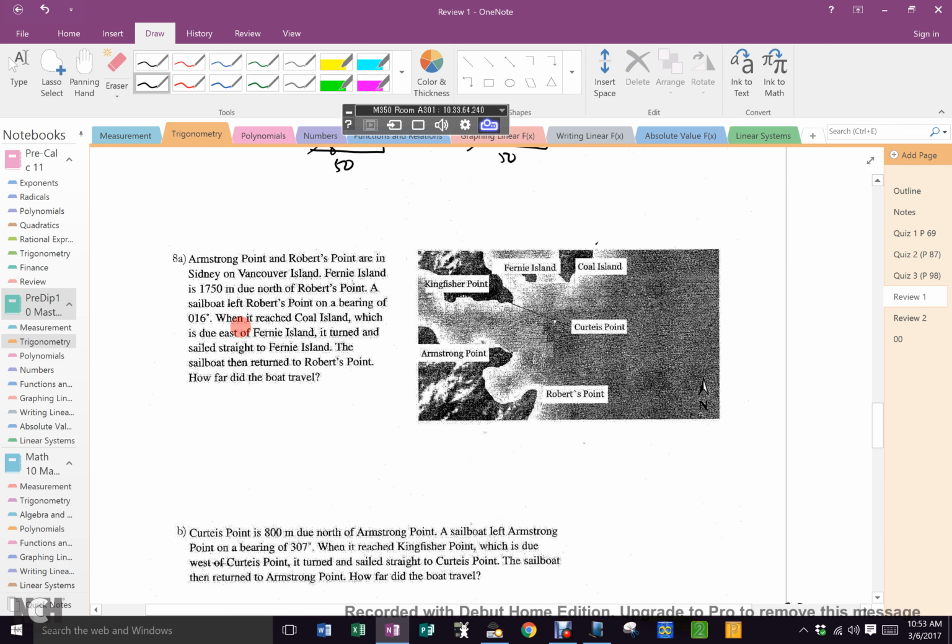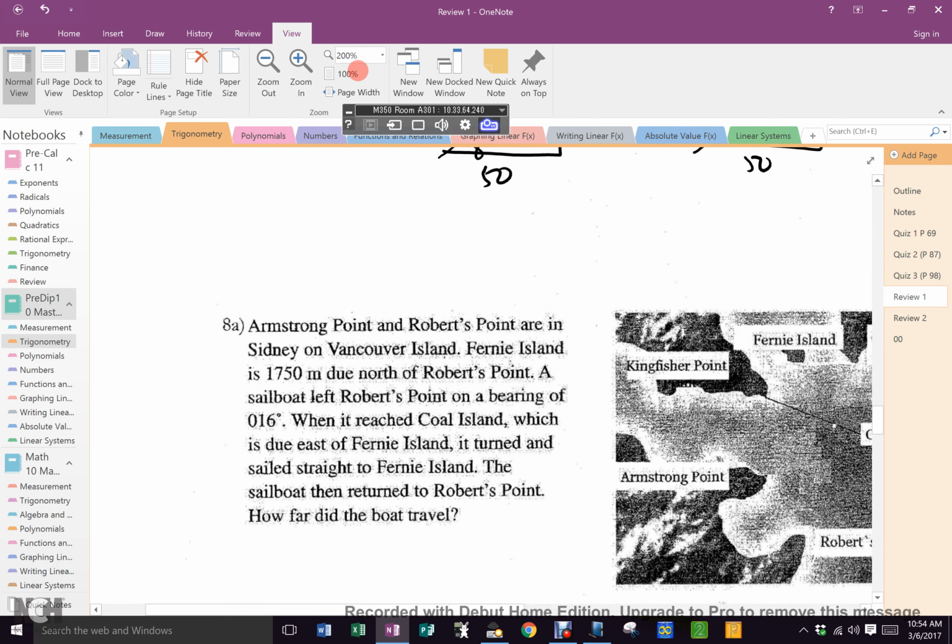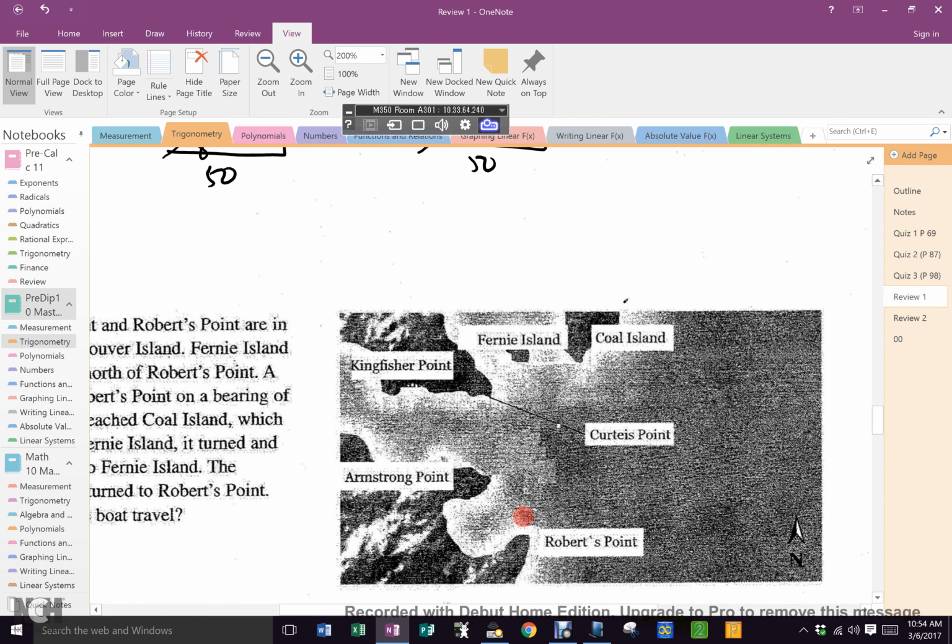Fernie Island. Fernie Island, you go up here, it's 1750. Yes? I'll zoom in on that. $17.50, correct?